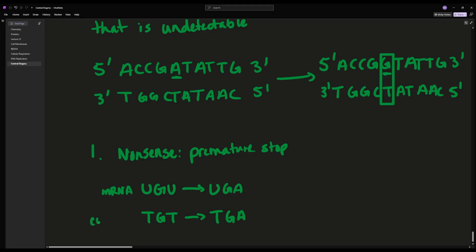So this is the coding strand. All of a sudden, what went from having a cysteine was now a stop. So where it should have been a cysteine and the protein continues on, we now have a premature stop and the protein's going to stop there. This is going to be truncated.